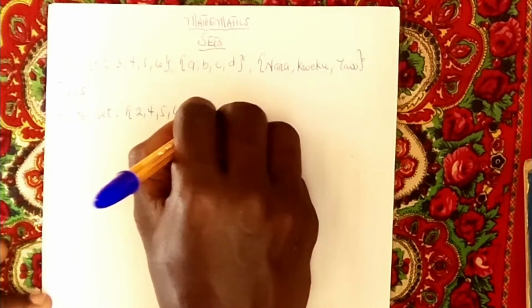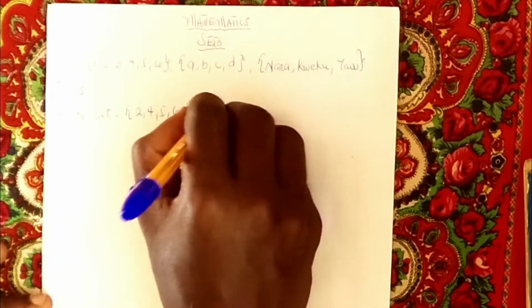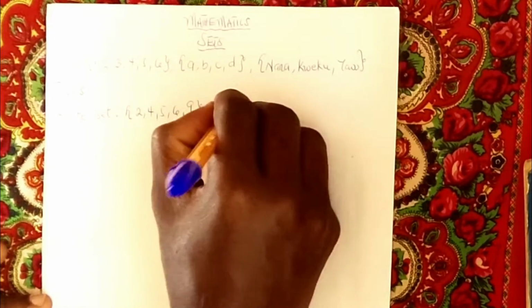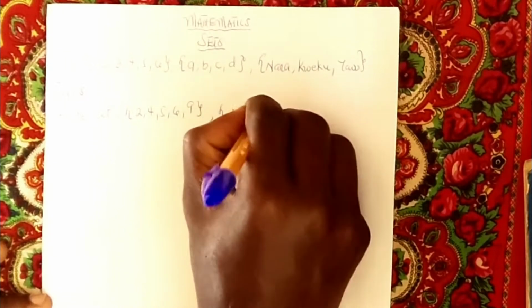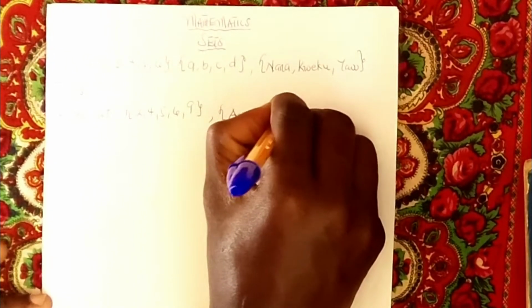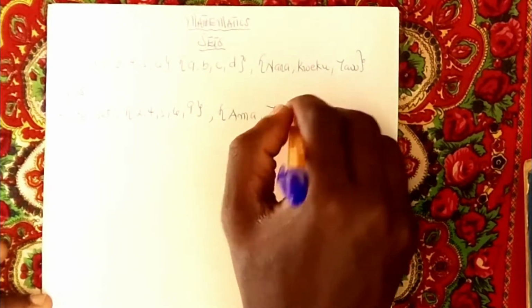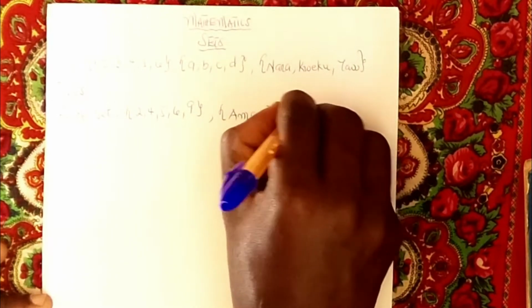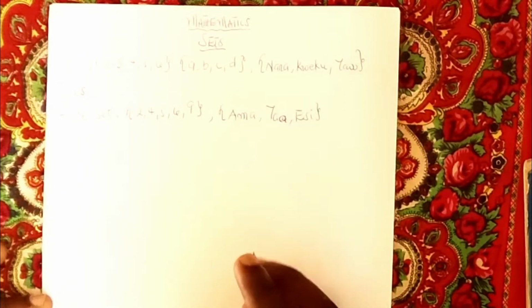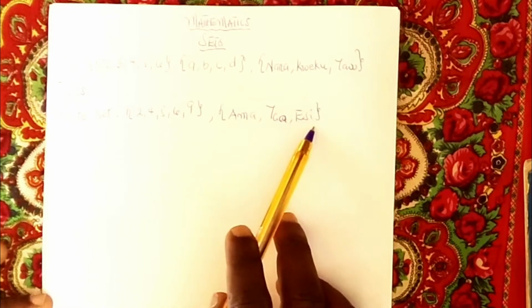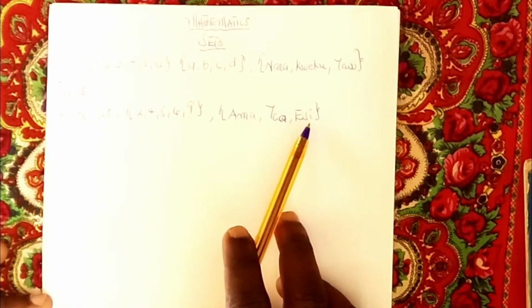Another example is a set of names of girls. You have Ama, you have Isi. Since the last name here is also known, it is a finite set.